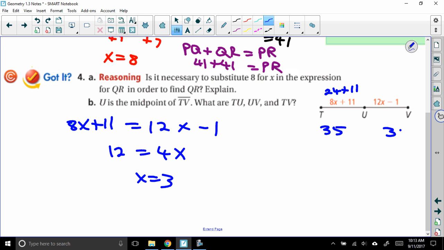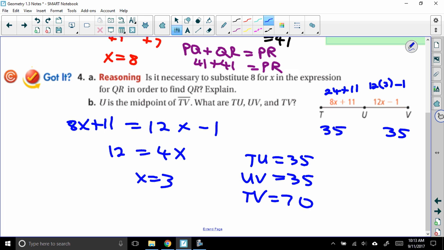This should be 35 also: 12 times 3 minus 1, yeah, 35 and 35. So TU is 35, UV is 35, and TV would be double that, 70. Hopefully this idea with measuring segments is making sense, and you're keeping up with everything.